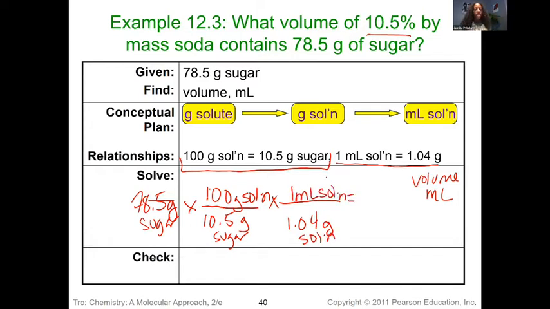And then we can solve our answer. So when I plug this into my calculator, make sure you're multiplying across the top and dividing by anything on the bottom. What you should end up getting is 719 milliliters as your final answer. So go ahead and check that, and then we will move forward.